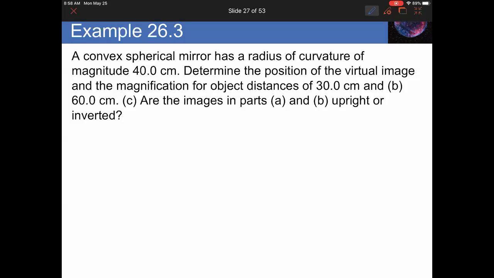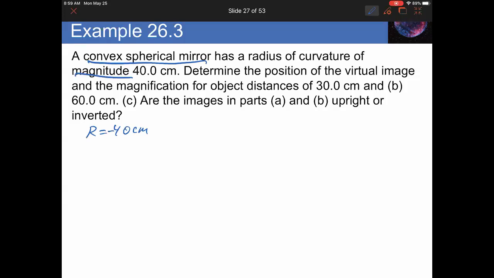All right, so what we're given here is a convex mirror. That means we always know the images are virtual and upright. But we're given the radius of curvature, 40 centimeters. Remember, because technically this is a spherical mirror, the radius is negative 40. We were given the magnitudes, right?